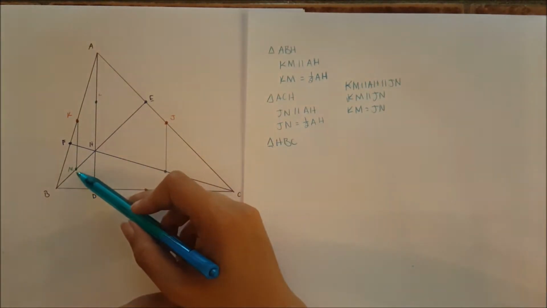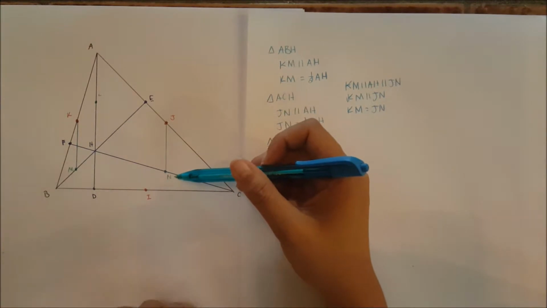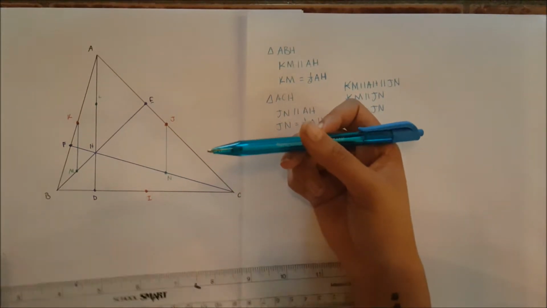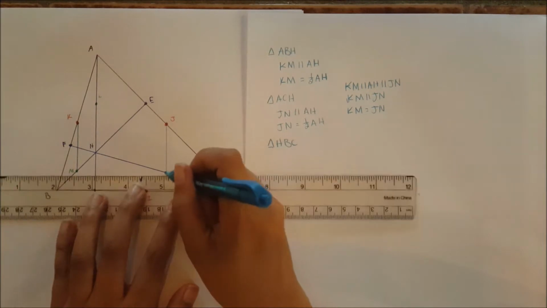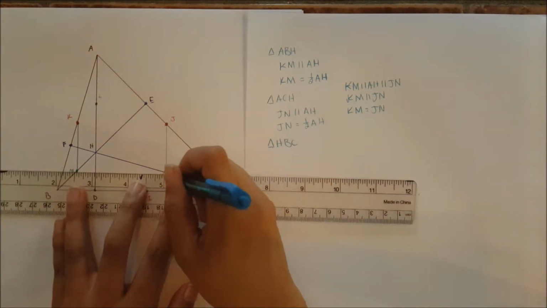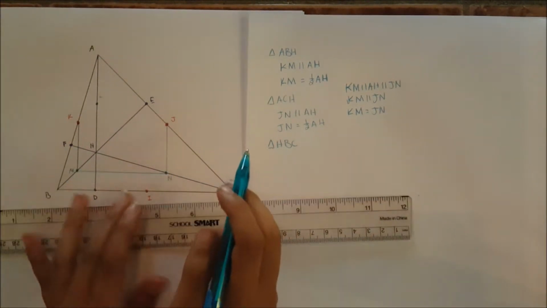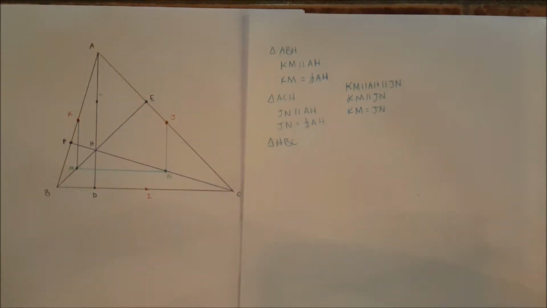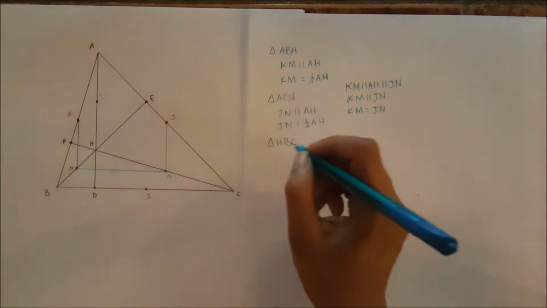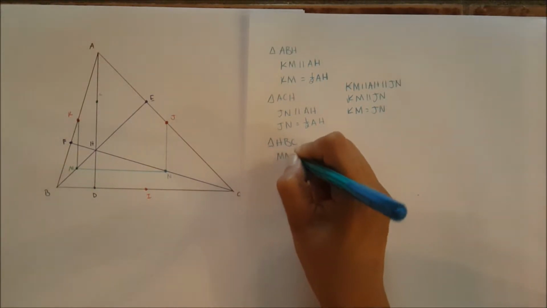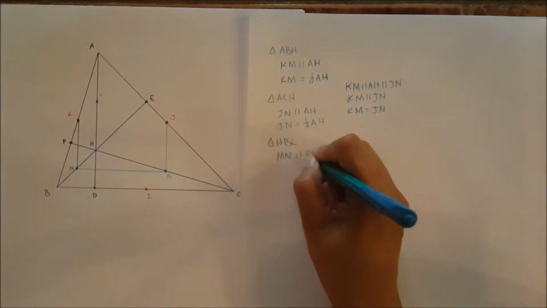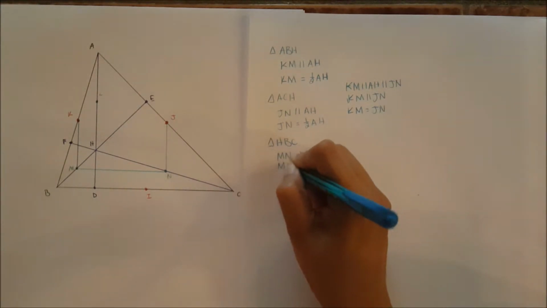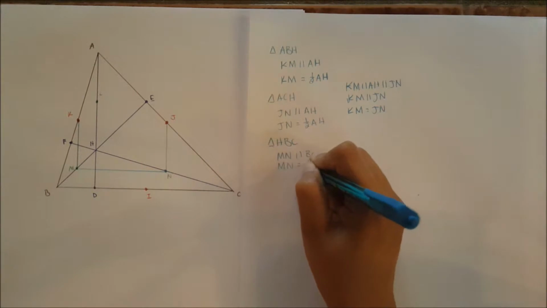We can see that M is the midpoint of BH and N is the midpoint of HC. So let's connect these 2 points. Since these 2 are midpoints, MN is the midline of the triangle. So MN is parallel to BC, and MN is equivalent to half of BC.